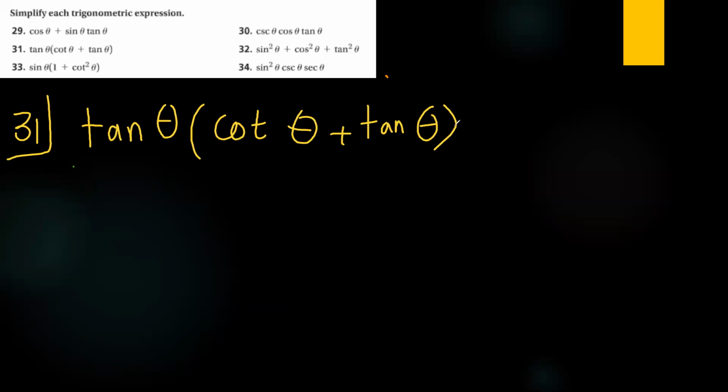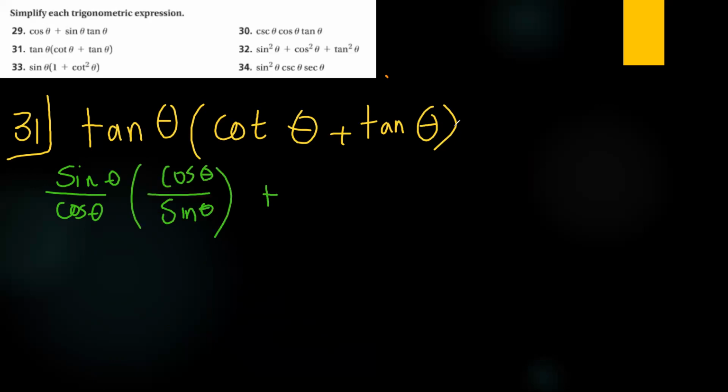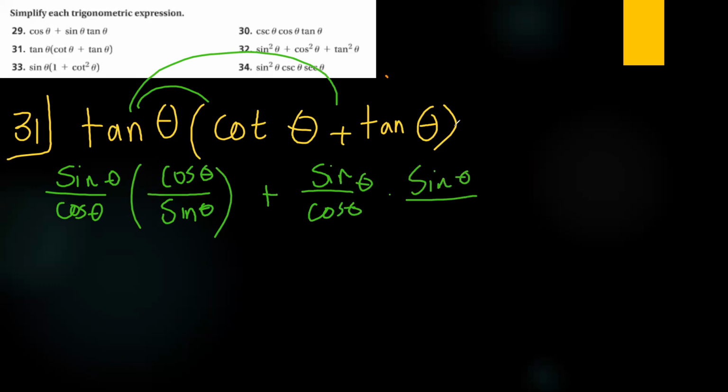We say that this is sine over cosine. Here we have cosine over sine plus sine over cosine times sine over cosine.